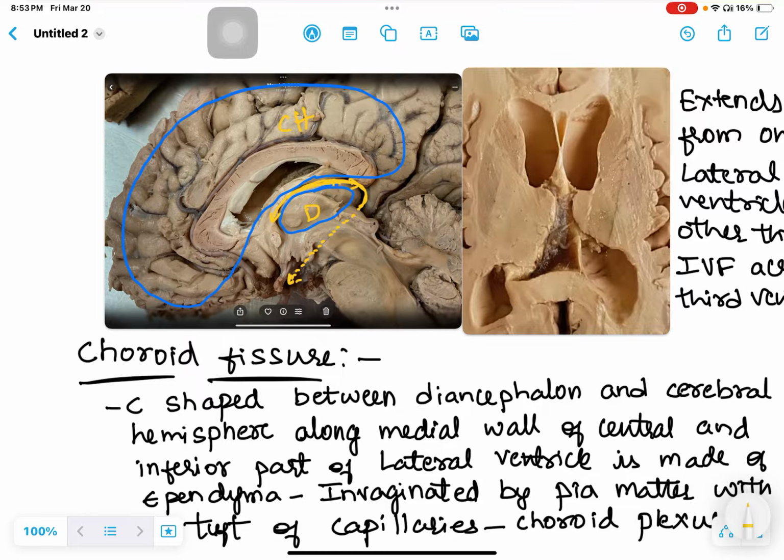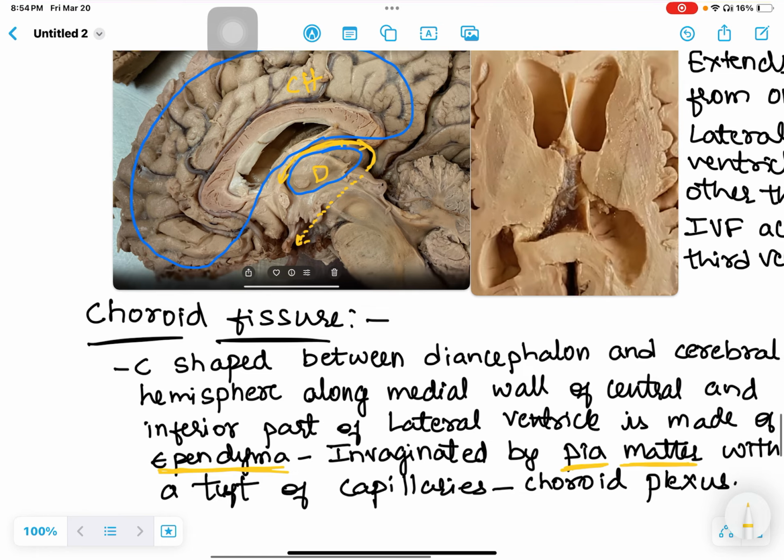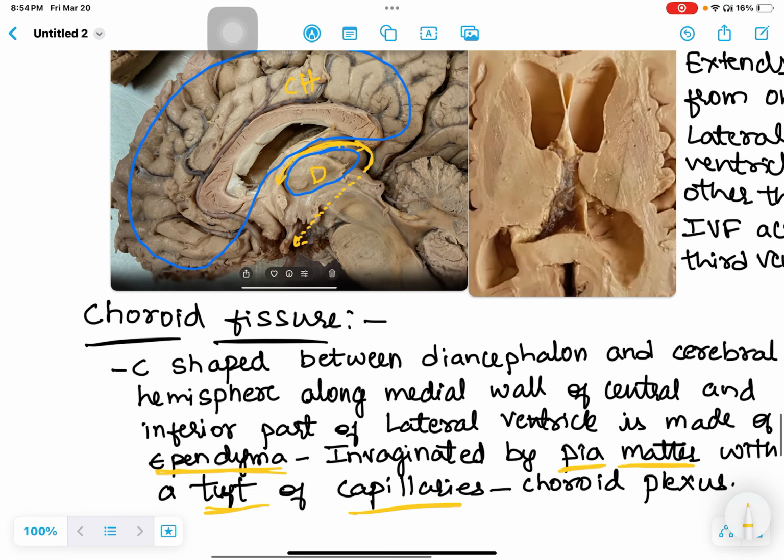It is normally made up of only ependyma, the lining of the lateral ventricle. This ependyma is invaded by pia mater covering the brain, which also consists of a tuft of capillaries.